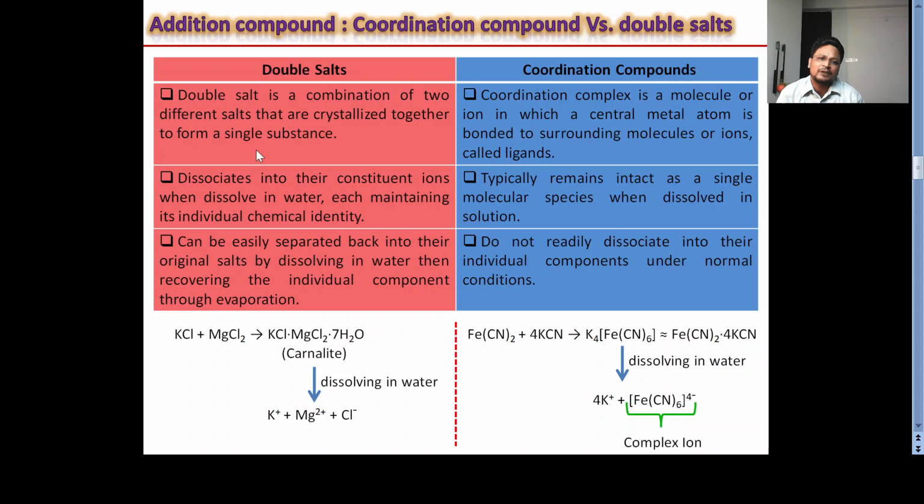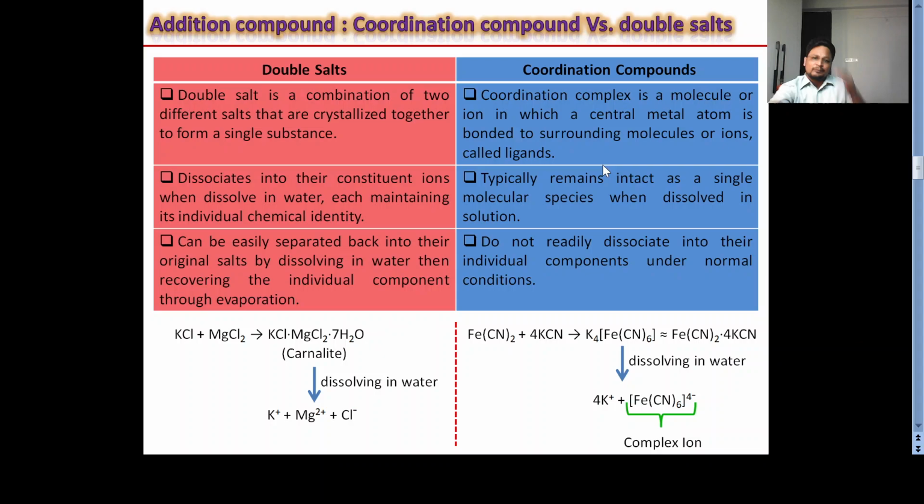So double salts are compounds which dissociate into their constituent ions when dissolved in water, each maintaining its individual chemical identity. We can see from this example here one simple salt KCl plus another simple salt MgCl2 mix together to generate carnallite, which upon dissolving in water produces all its constituent ions, that is magnesium, potassium and chloride ion.